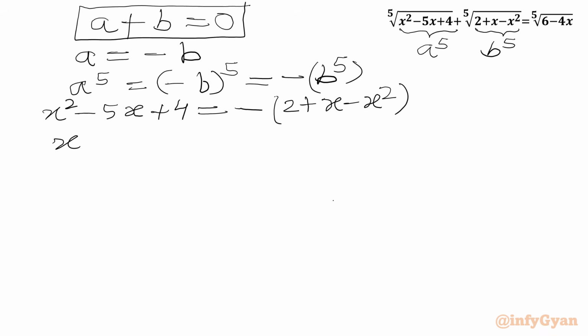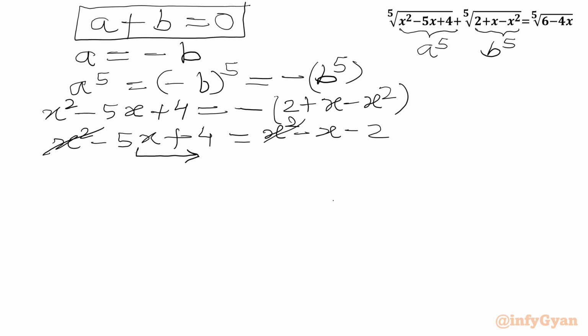Or we will write x square minus 5x plus 4 will be equal to x square minus x minus 2. We'll subtract x square from both the sides. So we can remove x square. Now we'll take minus 5x to the RHS, minus 2 to the LHS.